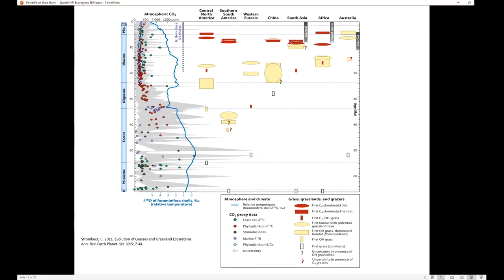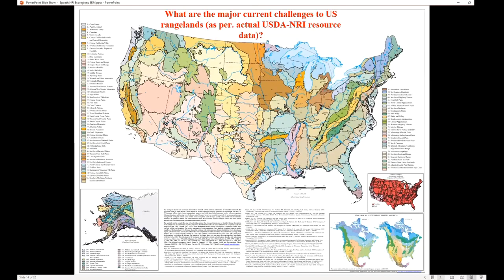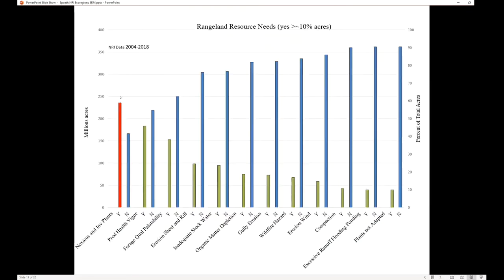So what are the major challenges to U.S. rangelands? Quickly looking at the resource needs based on the NRI, the number one resource concern on all the rangelands in the U.S. was noxious and invasive plants, which accounted for almost 60% of the total acres recorded in the NRI.